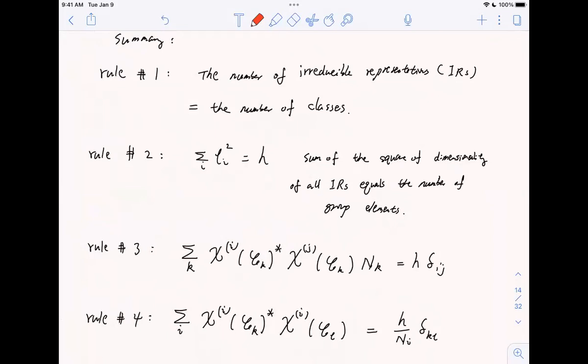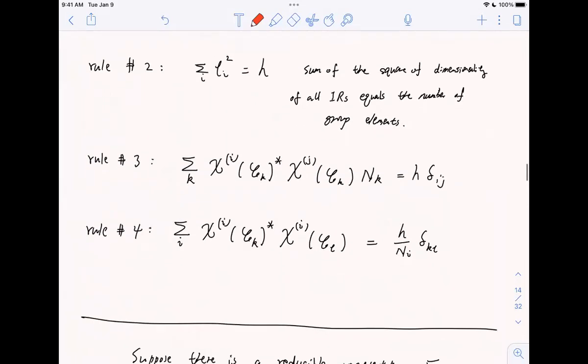Let me go through it one more time. The number of irreducible representations is the same as the number of classes, and then you have this relationship that I just proved. The square of the dimensionality of all the irreducible representations summed together equals the number of group elements. And then we have 2 orthogonality relationships.